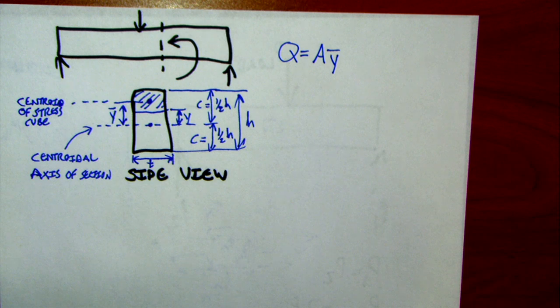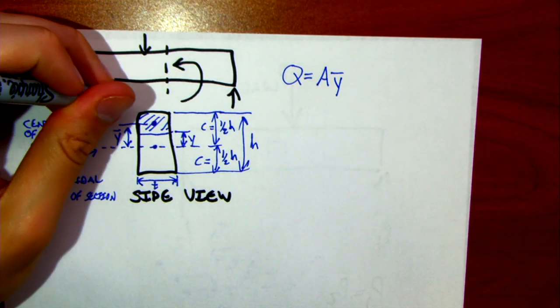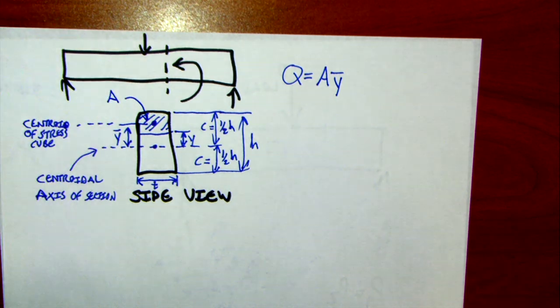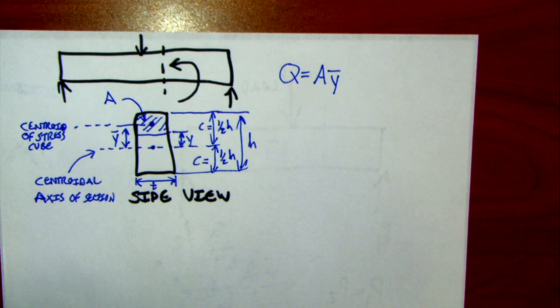In this case, the centroidal axis of the section is our reference, so it's the area of that cube times y bar. This y bar is the distance from the centroidal axis of the section to the centroid of that area.